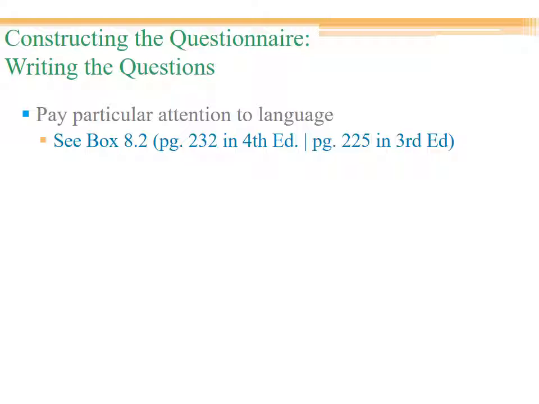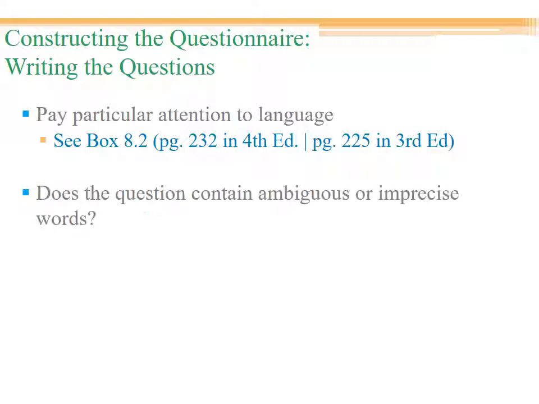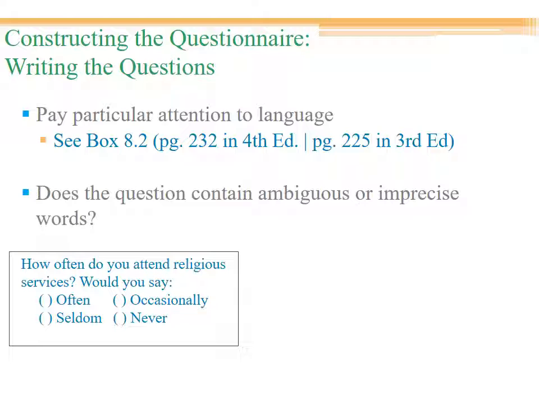So the first issue that you need to consider: does the question contain ambiguous or imprecise words? Take a look at this question. Is something ambiguous or imprecise? Pause the presentation to see if you can find it. And remember, also look at the options.